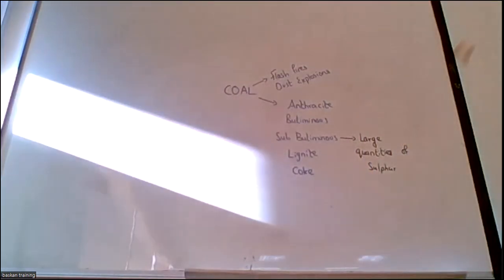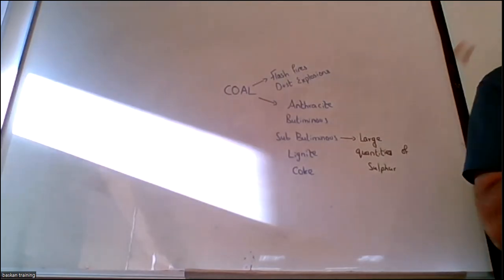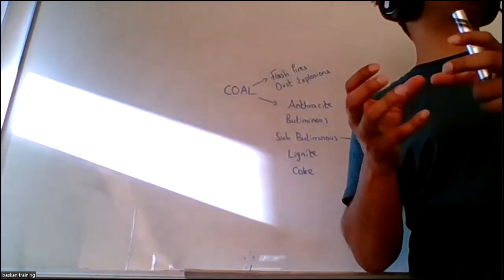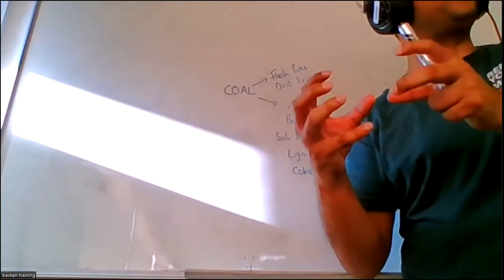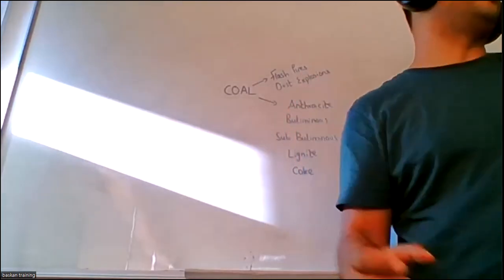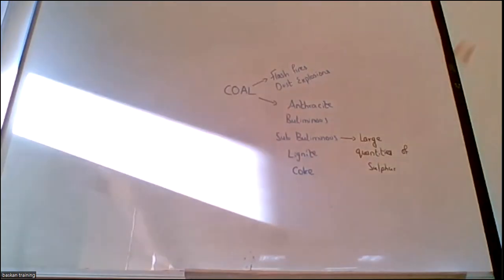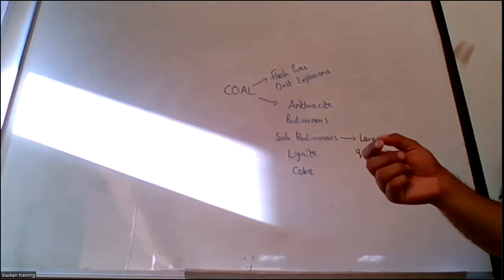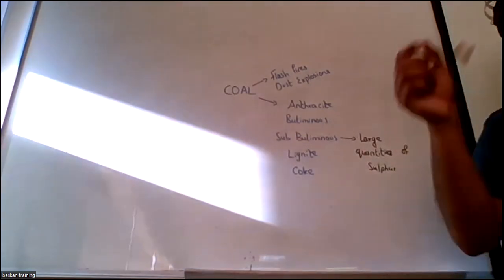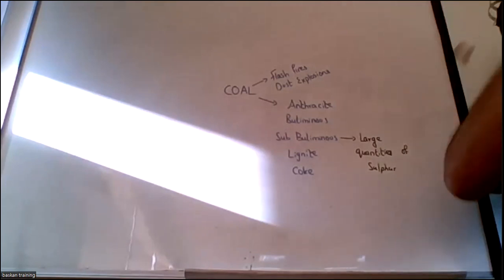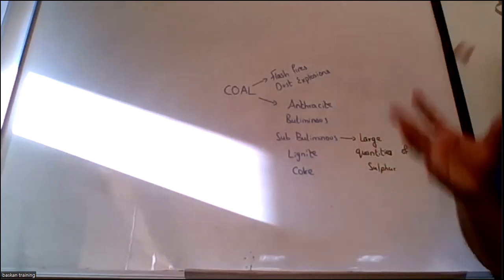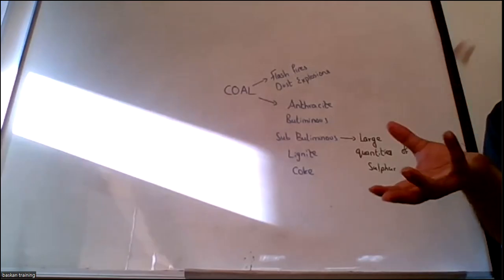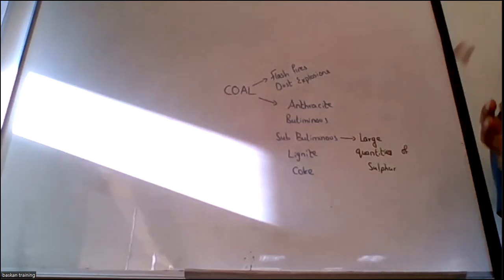The more sulfur, the more easily it can break down; it will be much softer. The less sulfur, the more rigid and hard it is. And why do we need to know this property? We will discuss that later in storage. But for the time being, the more sulfur in a coal storage pile, storage drum or storage tank, the more easily it can break down. The less sulfur, the more rigid and hard it is.